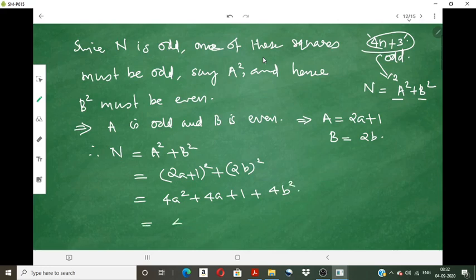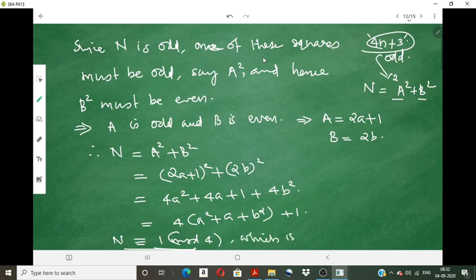So this is equal to 4 times (a square plus a plus b square) plus 1. That means n is equal to 4 times this quantity plus 1. So 4 divides n minus 1, or n is congruent to 1 modulo 4, by the definition of congruence. But this is a contradiction.